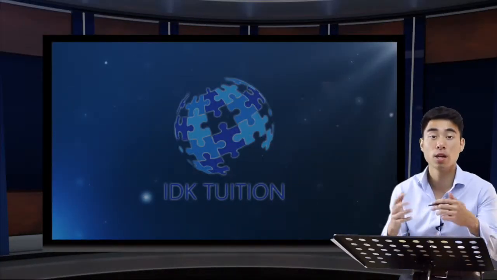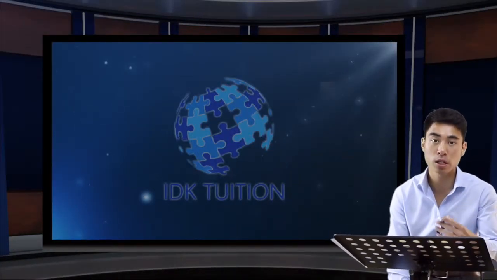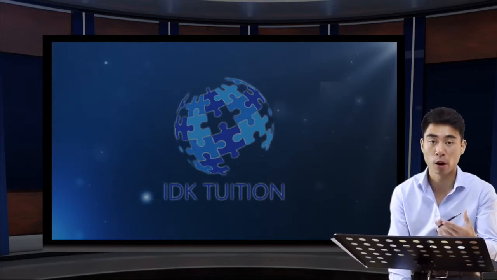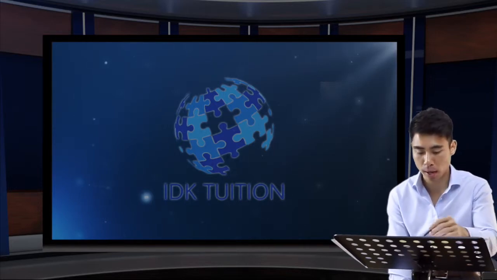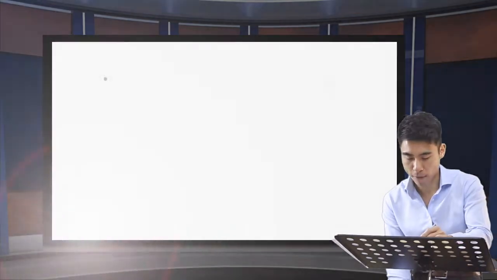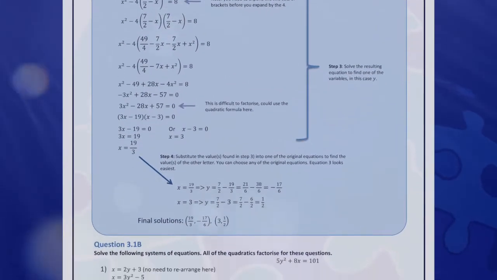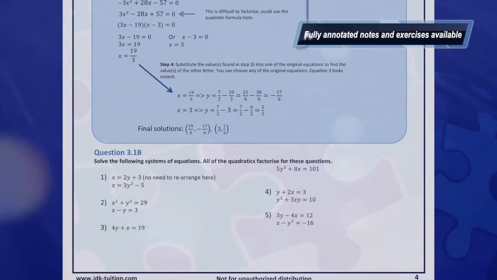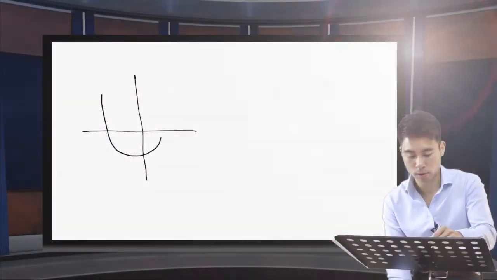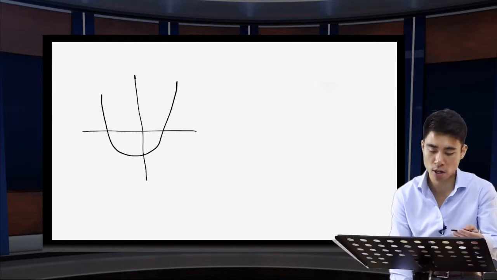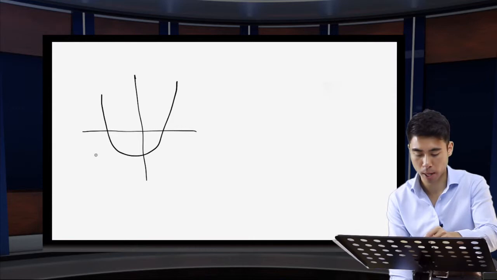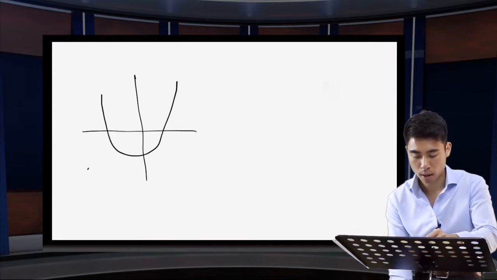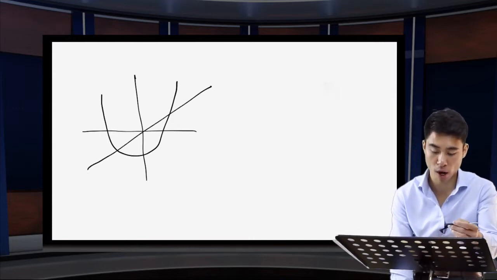Okay, so lastly, just graphically what we're doing here. You notice each of the previous two examples that we've gone through in this video, they have resulted in 2 x values and 2 y values, i.e. 2 coordinate pairs. So just quite generally, if I have a quadratic curve, so you know your quadratic curves are either going to be U-shaped or N-shaped, and this is my quadratic, and I have a linear equation, i.e. the equation of a straight line.